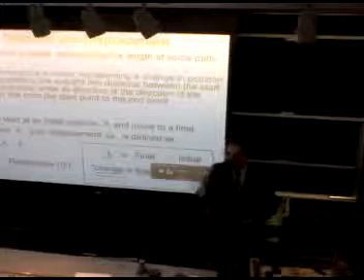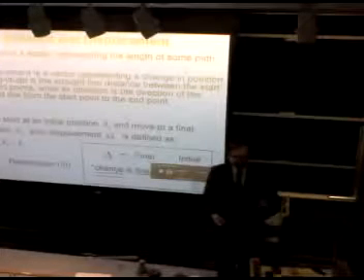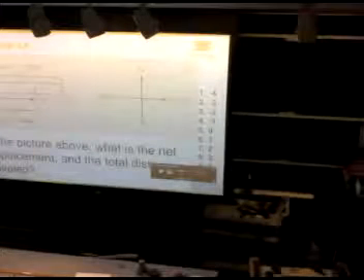Sometimes displacement and distance are equal to each other, sometimes not. And to see that difference, it's very important to actually draw a picture which shows you very clearly the initial position, the final position, the trajectory. In that case, the risk of making a mistake is very small. Okay.